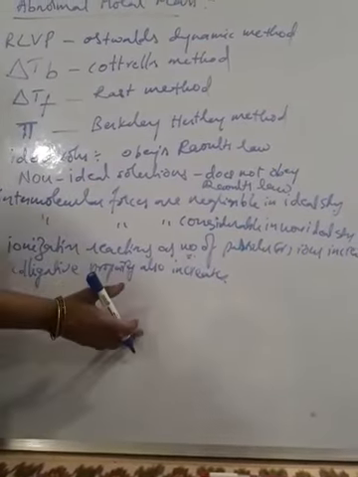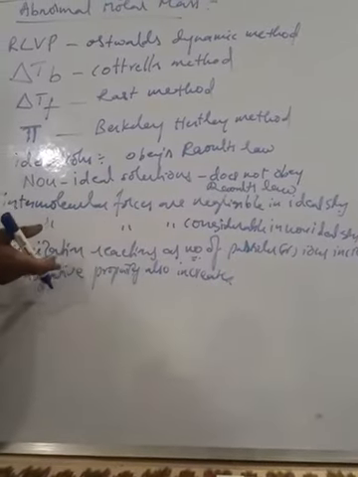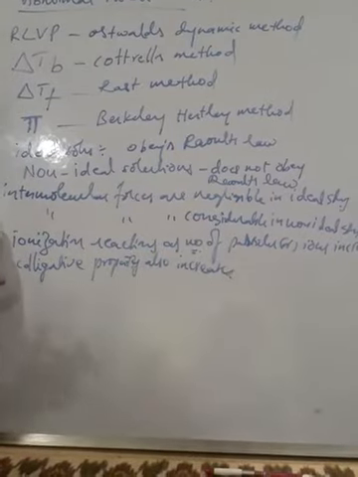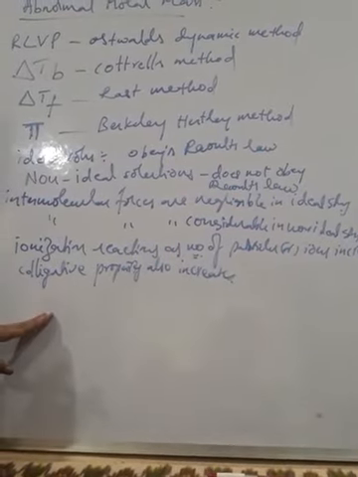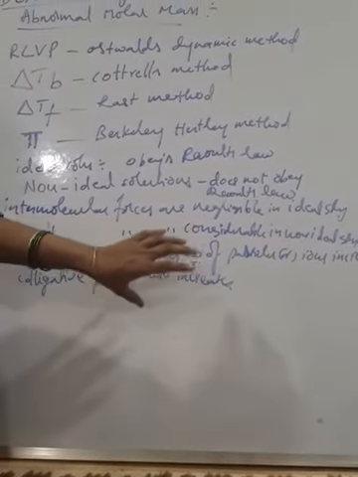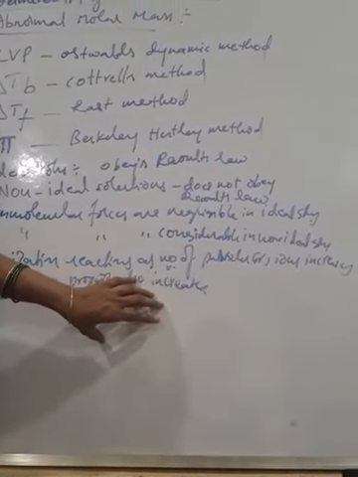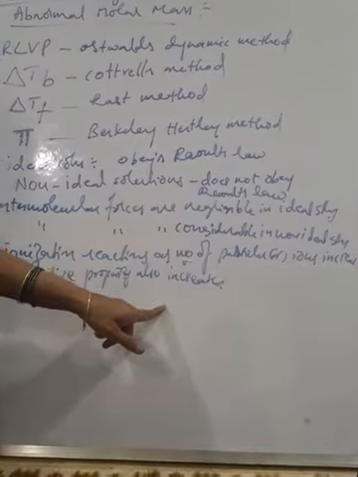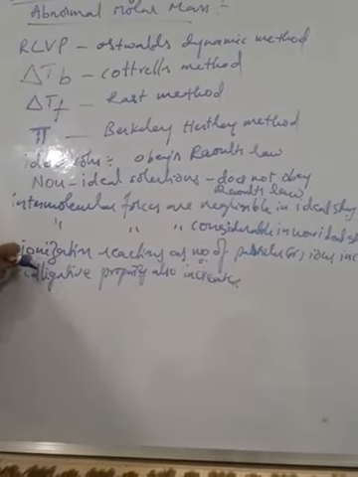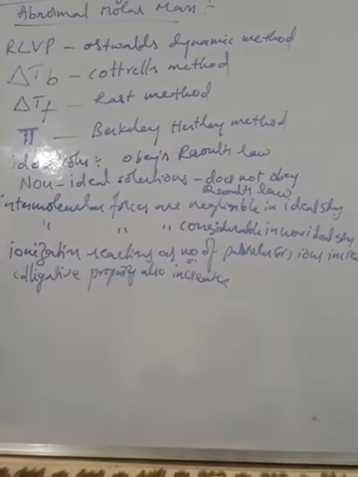As colligative property increases in the dissociation reaction, molecular mass decreases. That's why the experimentally calculated molecular mass of the solute is less than the true value in ionization reactions, which are also called dissociation reactions.